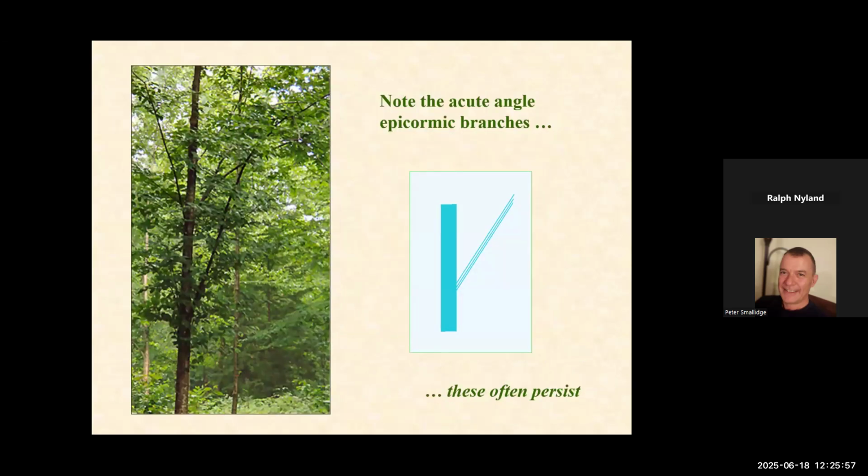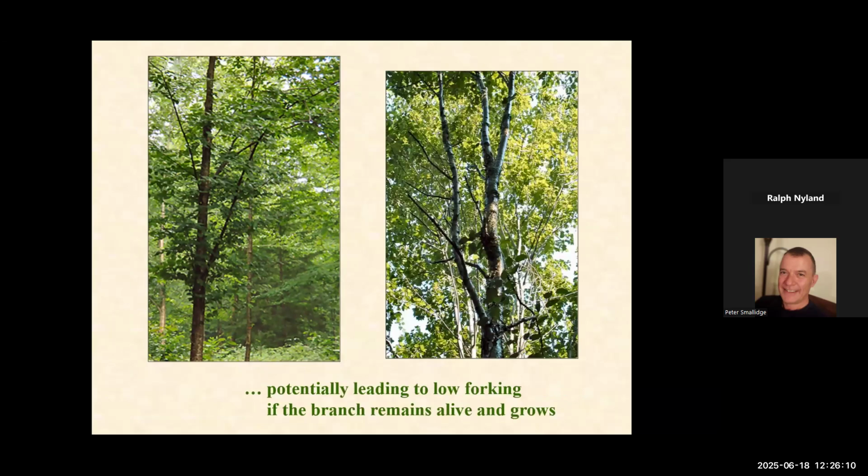Note also that epicormic branches often come out at an acute angle, and those acute angle branches will persist longer than a branch that goes out at a horizontal angle, potentially leading to low forking if the branch remains alive and continues growing.